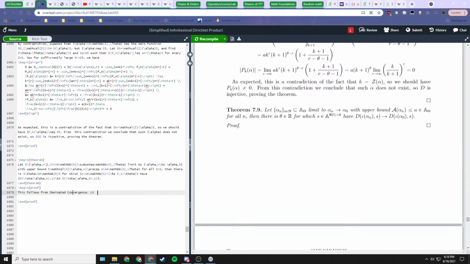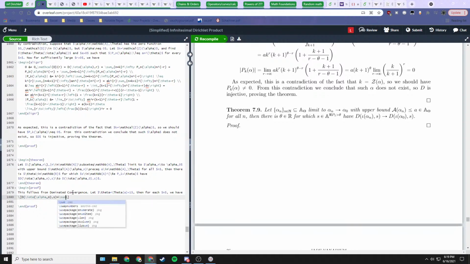So we'll just say let theta be equal to capital theta of a plus 1. Then for each n, we have d of iota alpha sub n with s.